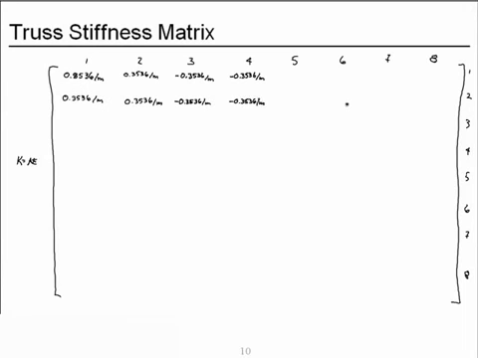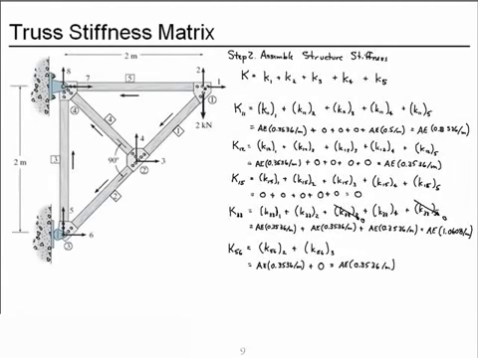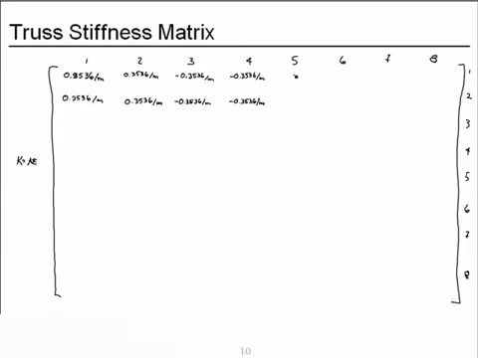Now our next chunk. Forces at degrees of freedom 1 and 2 due to deformations at degrees of freedom 5 and 6. And those degrees of freedom are here, and no element connects those directly. So these coefficients are all 0.